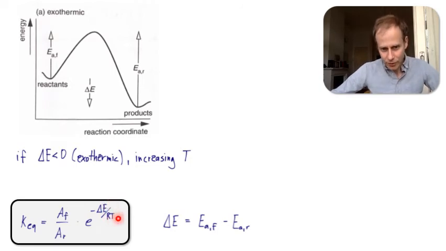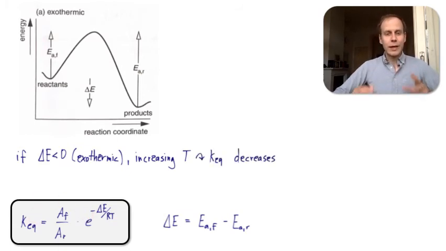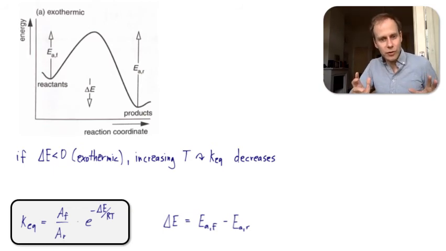And if I increase the temperature, what happens to the positive exponent? It becomes smaller. Yes, of course, it becomes smaller. The smaller the exponent, the smaller the exponential term here, right? So the smaller the exponential term, the smaller the equilibrium constant.